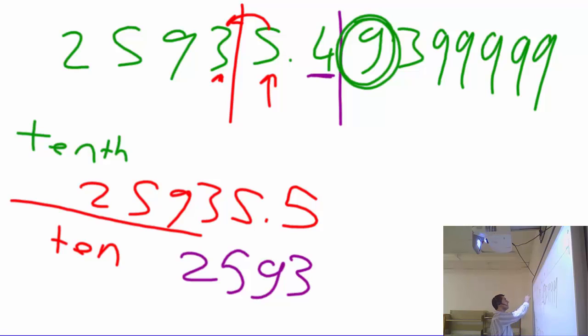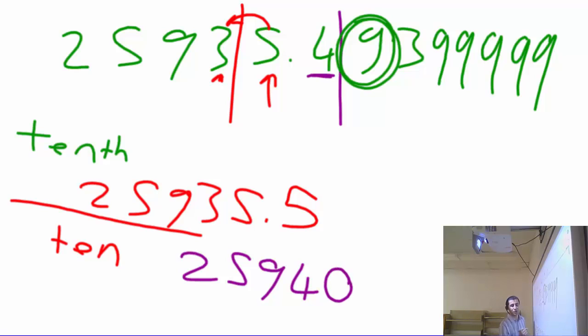No, I'm sorry, I have to give 1 extra. 2594. And instead of 5, this is a regular number, I'm going to replace it with 0. And I'm not going to use any decimals. And look at the number I got. It's 25,940. So it's a 10 number. I rounded it up perfectly.